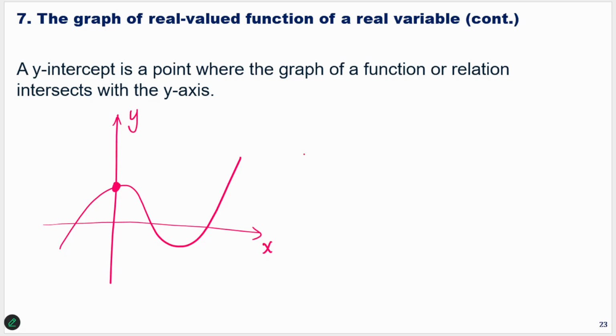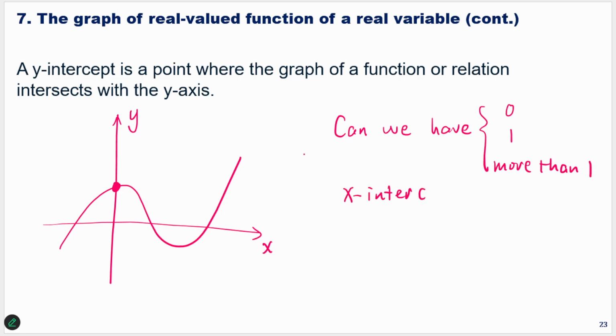Okay, so let me ask you a question. Can we have 0, 1, or more than 1 x-intercept?